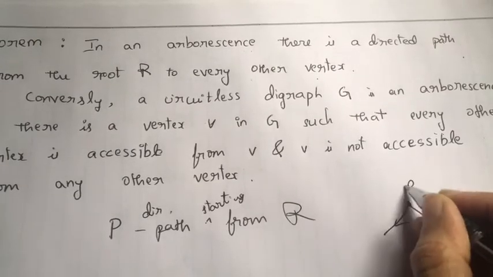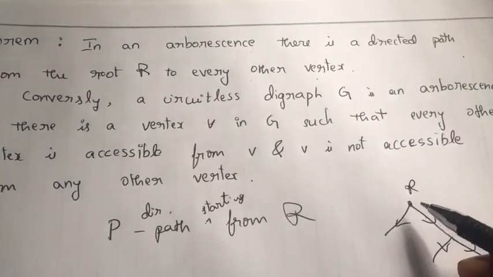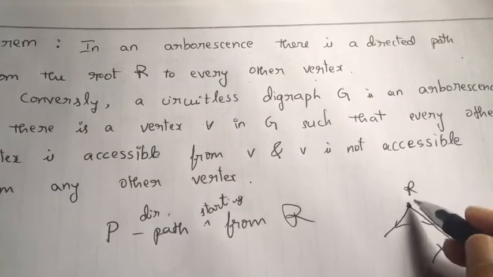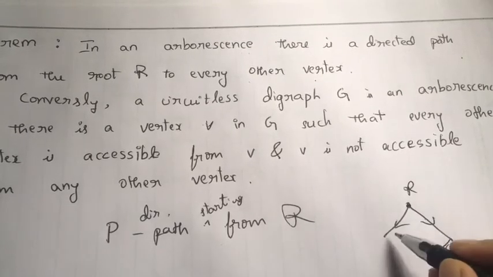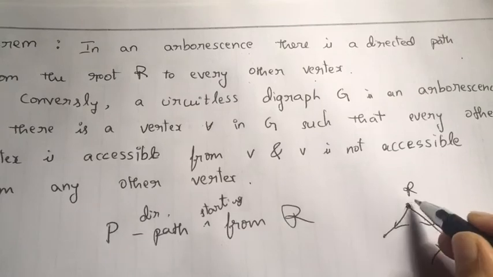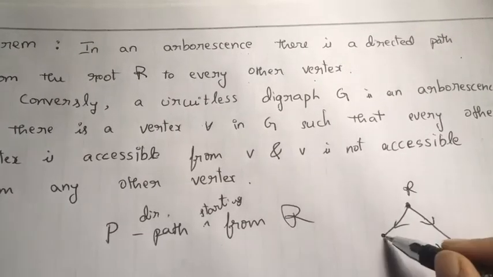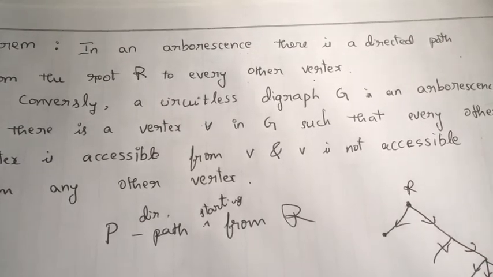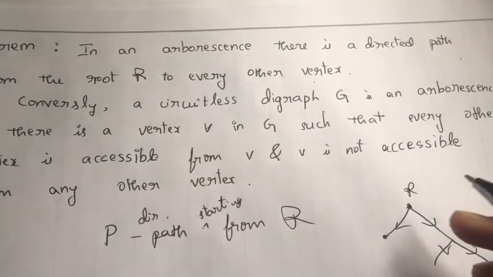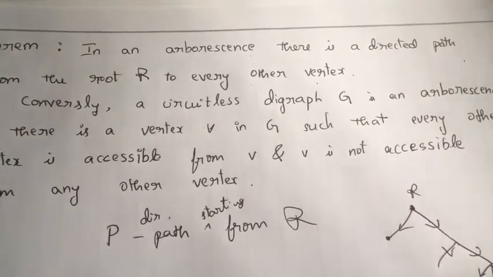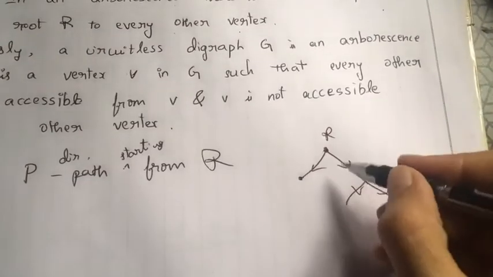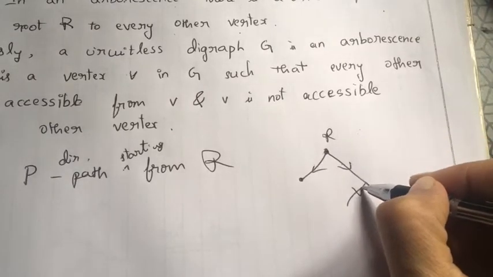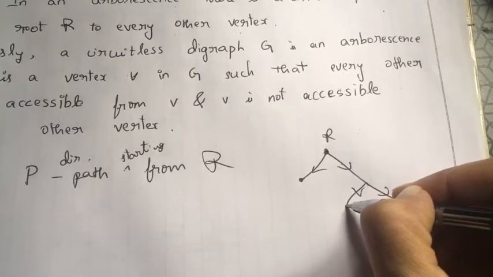From the root R, I'm taking a directed path starting from the root as far as possible. So this path P ends at a pendant vertex only, if I start from this side and it ends at this point, which is a pendant vertex. So P can end only at a pendant vertex. Otherwise, we get a vertex whose in degree is 2 or more. You got my point? If I have a path P starting from R and take it this way, then it ends only at the pendant vertex.